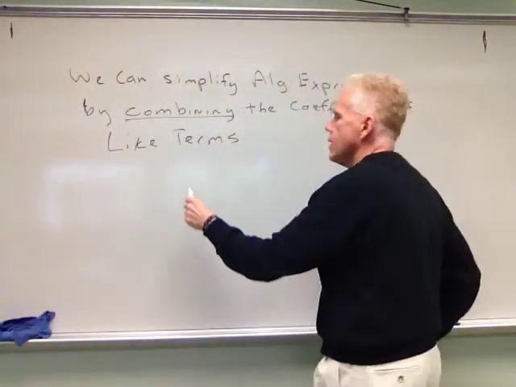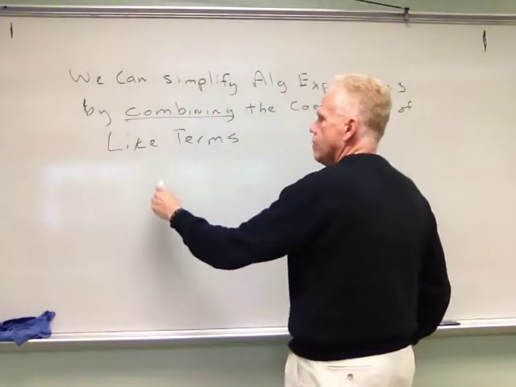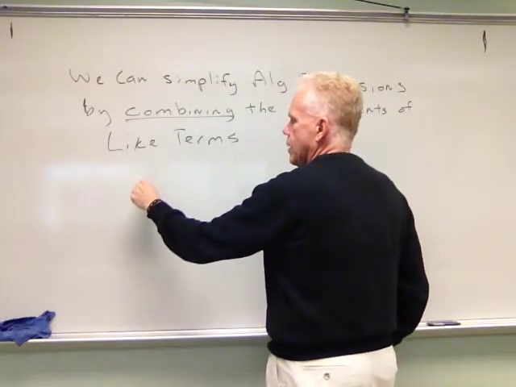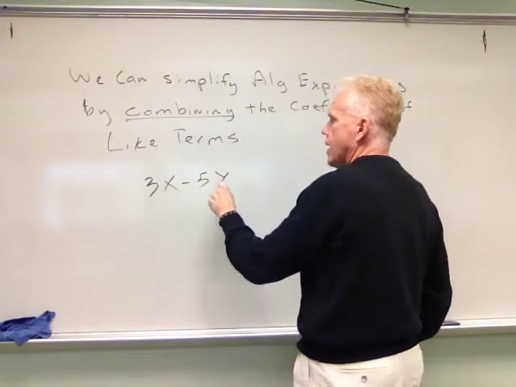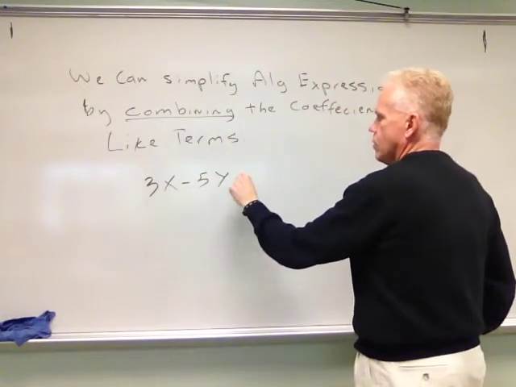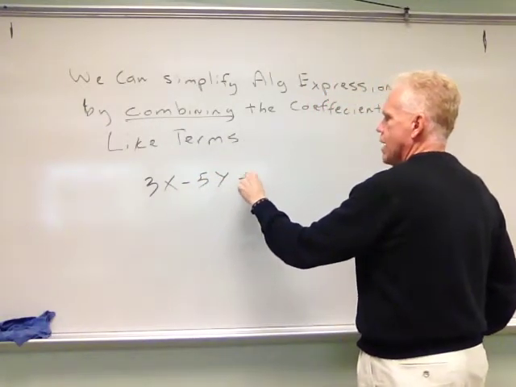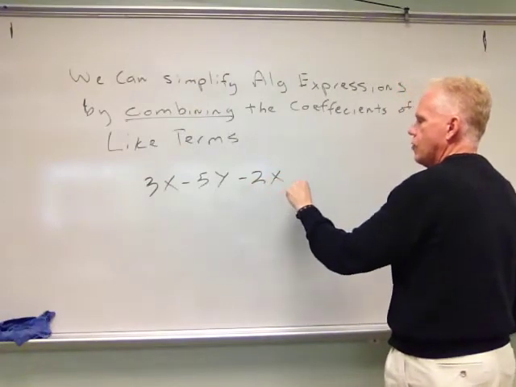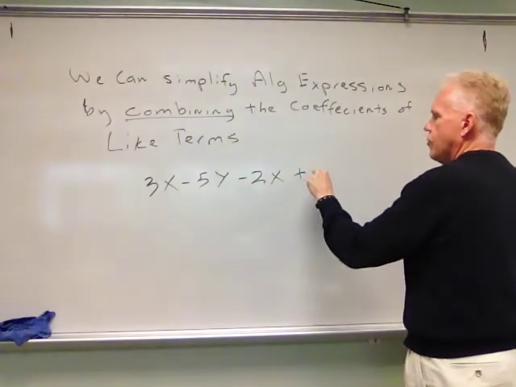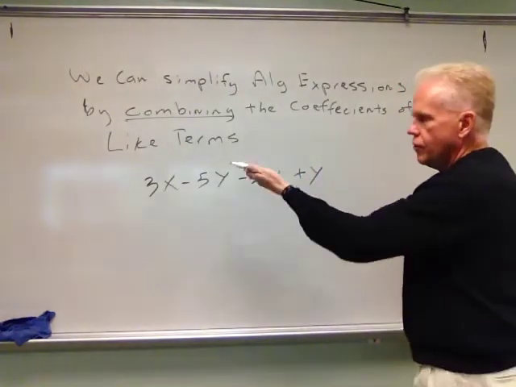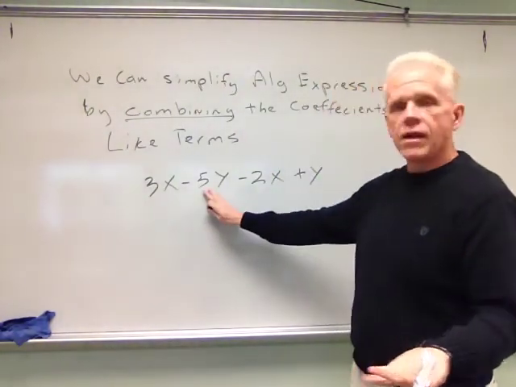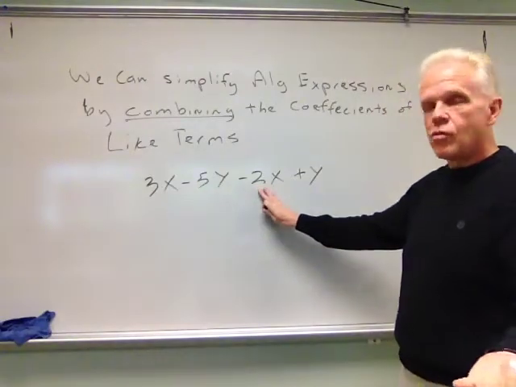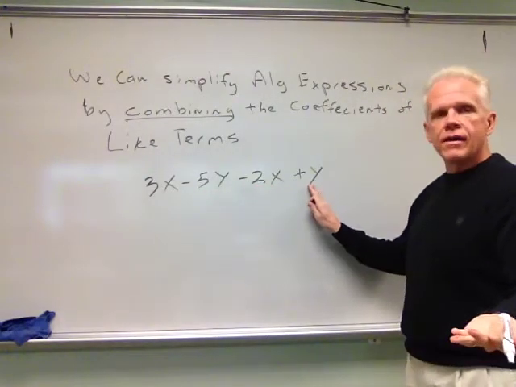All right, let's give you another example. Let's say we have 3x minus 5y minus 2x plus y, and this is a 4-term expression. You see, 3x is a term, negative 5y is a term, negative 2x is a term, and plus y is a term.